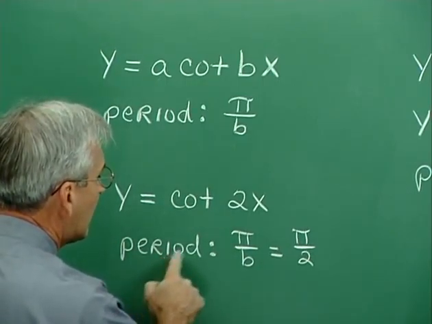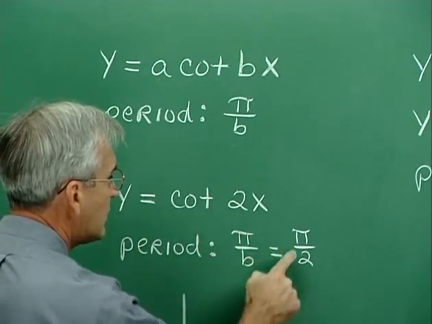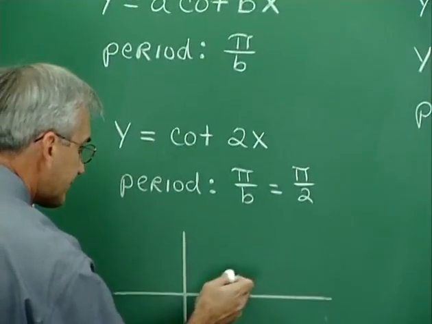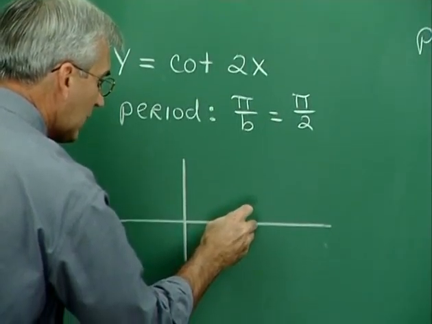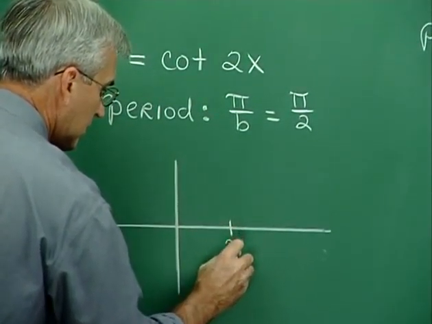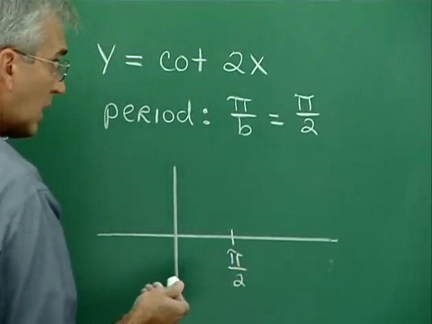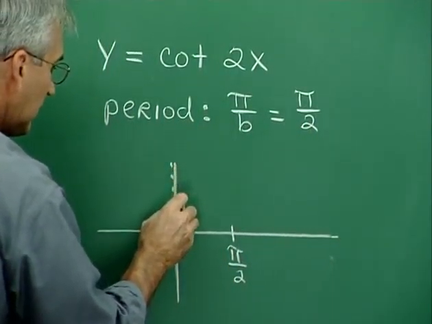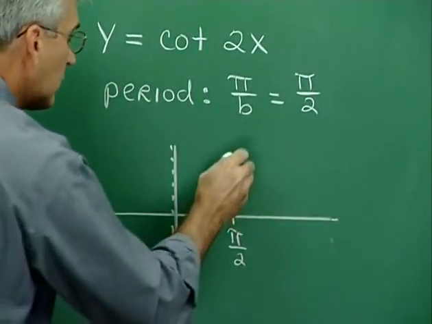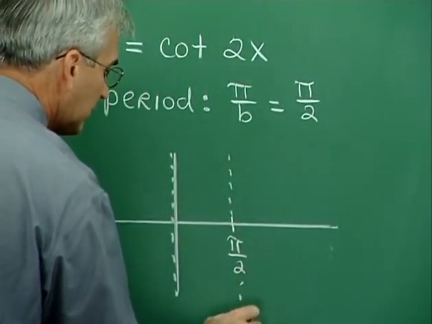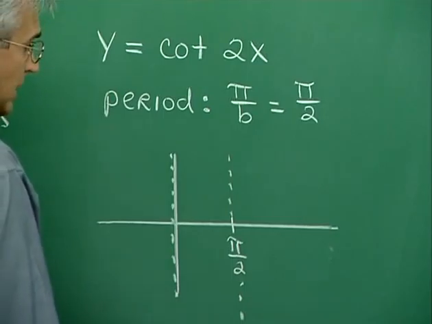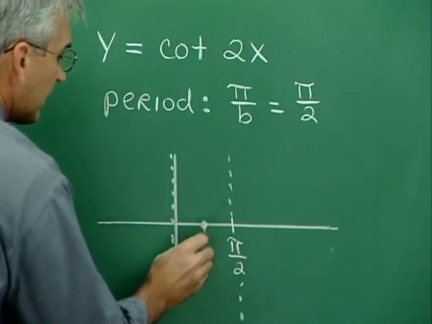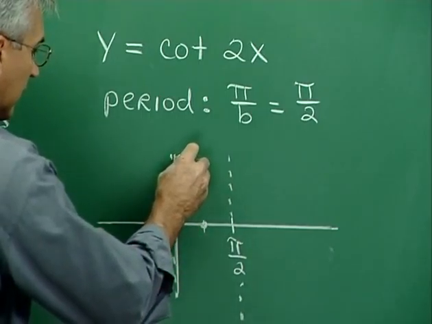So for a period of pi over b, the b value is 2, so it's pi over 2. So all we have to do is identify the position of pi over 2. You see, that's the period length. The period starts at 0. So from 0 to pi over 2, we have one complete cycle of the graph. And all we need to do is realize that the graph has an intercept right in the middle of the period and that it tends to fall.